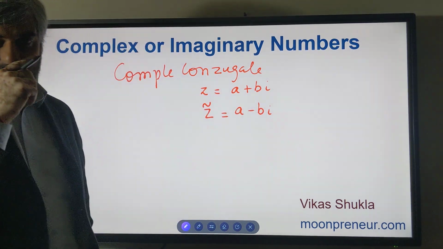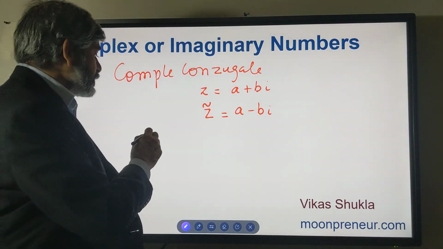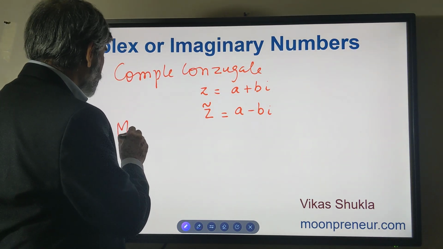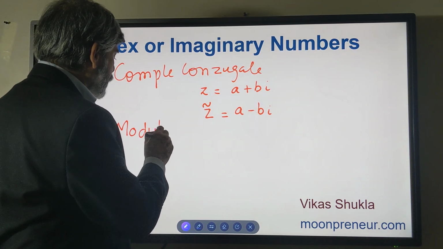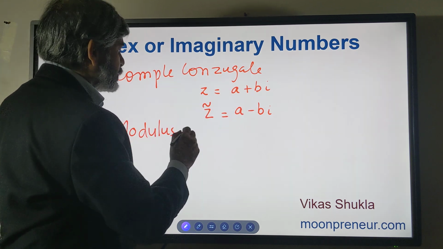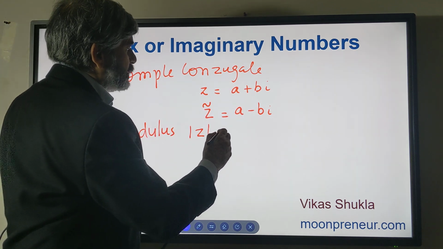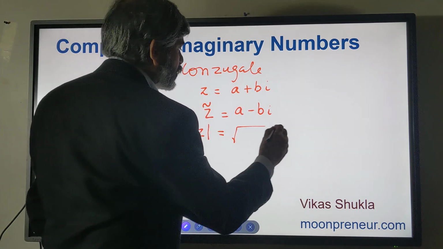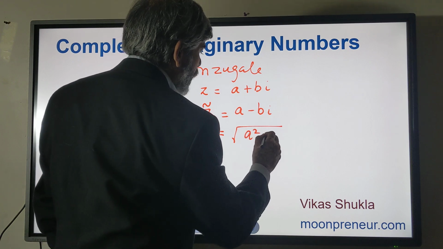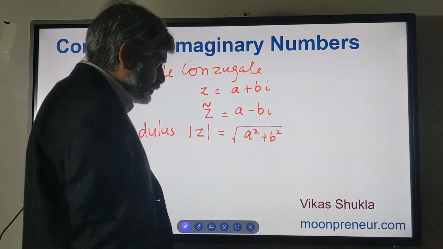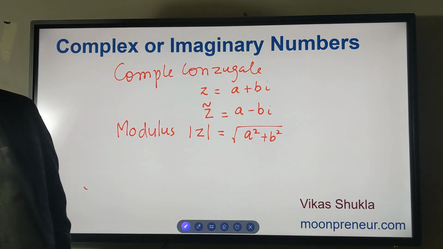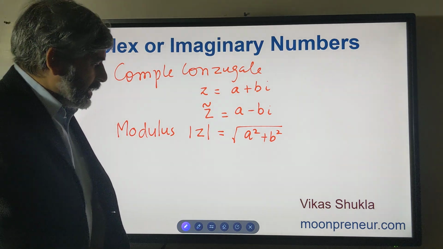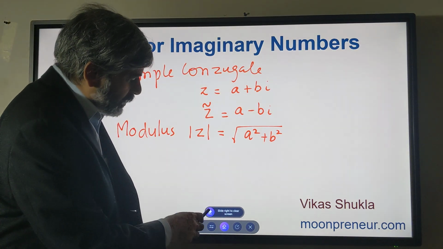This is the complex conjugate of this number. In the same way, we define the modulus of a complex number, denoted by mod z, as equal to square root of a squared plus b squared.